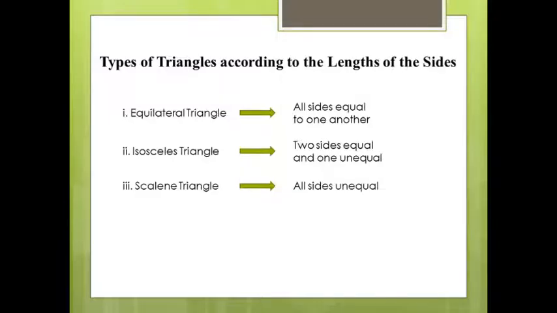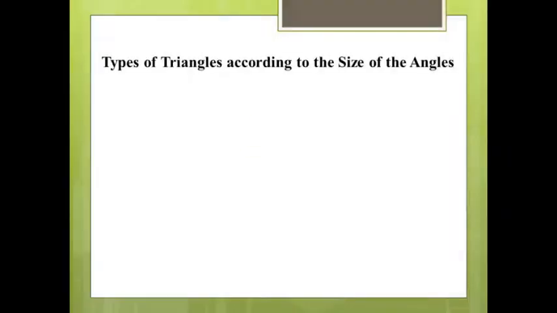Similarly, according to the size of the angles, the types will be defined. Number one, we have acute triangle, and acute triangles are the triangles which have no angle greater than or equal to 90 degrees. It means all the angles in this triangle are less than 90 degrees. The second one is right triangle.